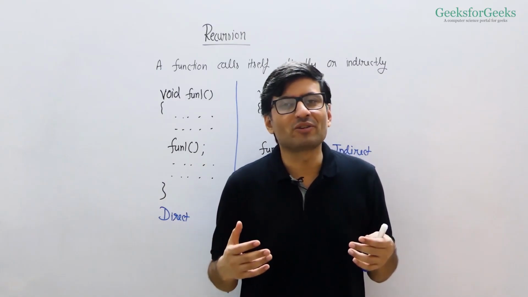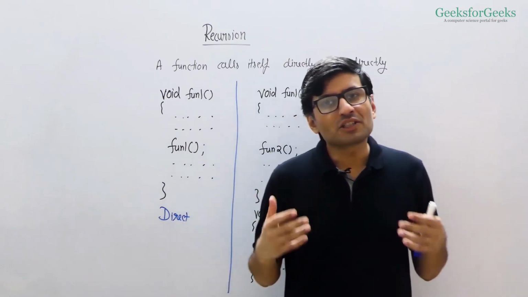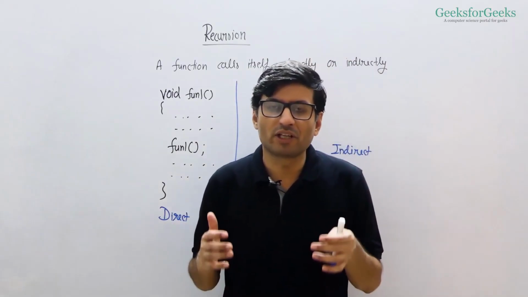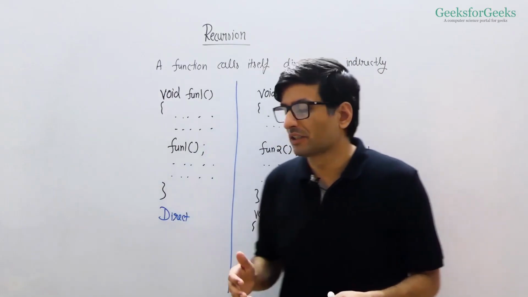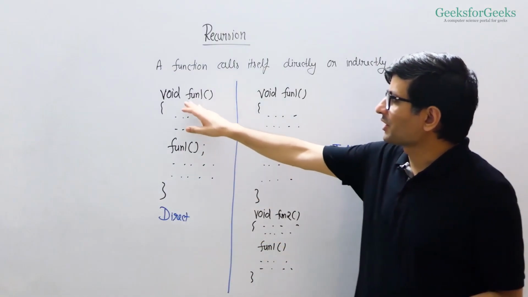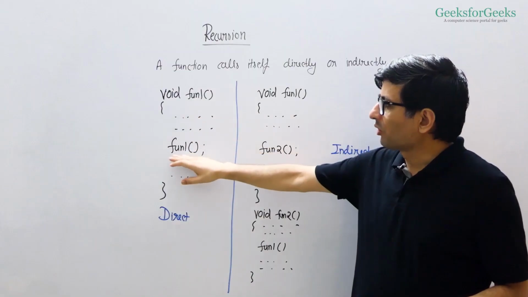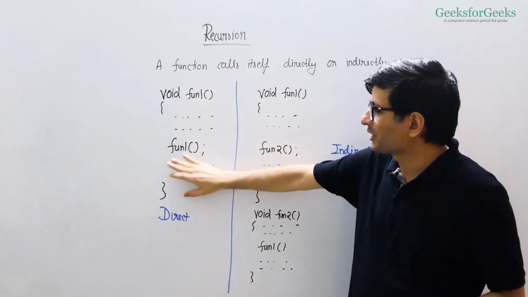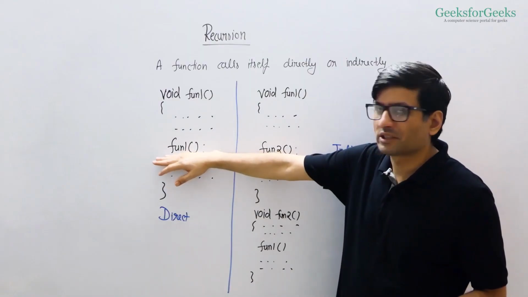Let us now take a look at recursion. A function is called recursive if it calls itself directly or indirectly. So here is an example of direct recursion. There is a function fun1. It calls itself somewhere in its code. There might be some other code here and here, and it is calling itself.